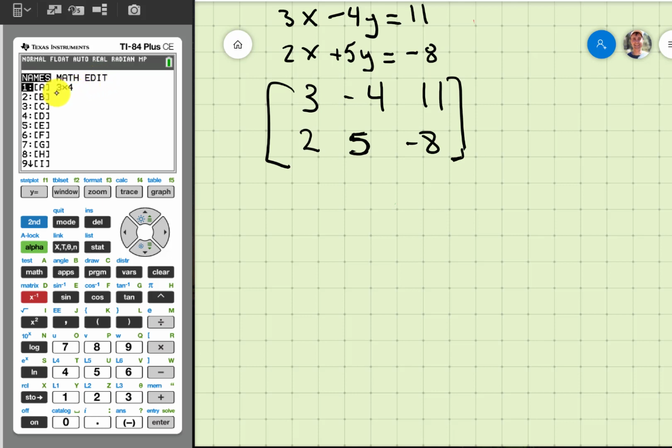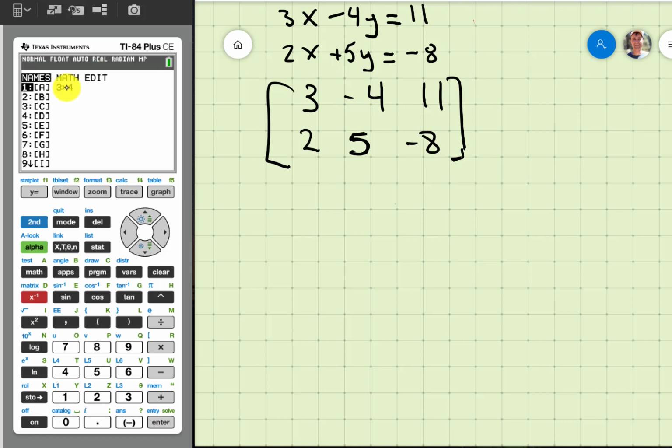Now some of you may have some numbers in here like 3 by 4 or 2 by 3. And some of you may have just blanks in there, and that doesn't matter. If you already have numbers, we're just going to do the same step. If you have a blank, you're just going to do the same step, because if you just have numbers, when you edit, you just type over the old numbers and the new numbers will show up.